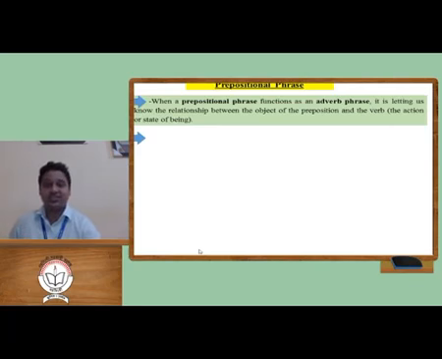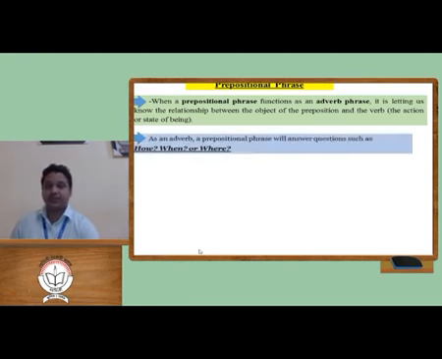So we will find a relationship between the object of the preposition and the verb of the sentence. As an adverb, a prepositional phrase will answer questions such as how, when, or where.